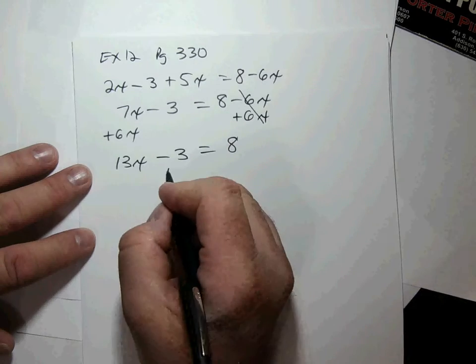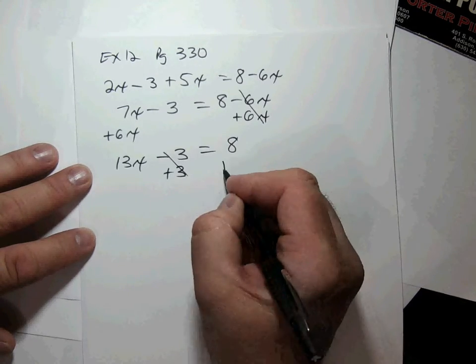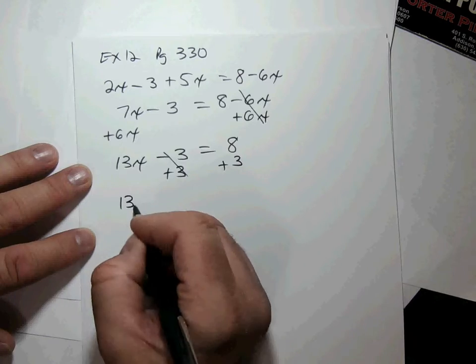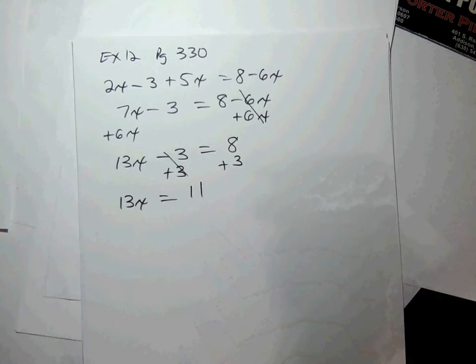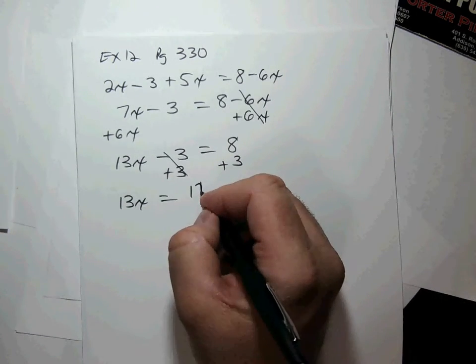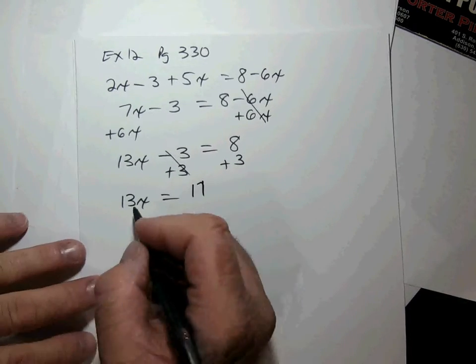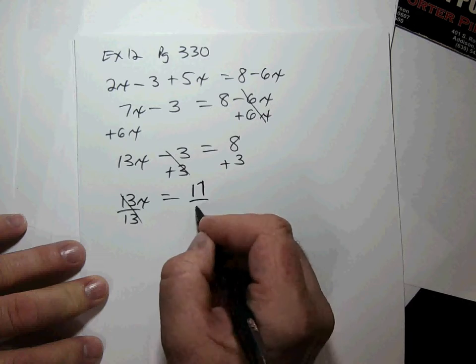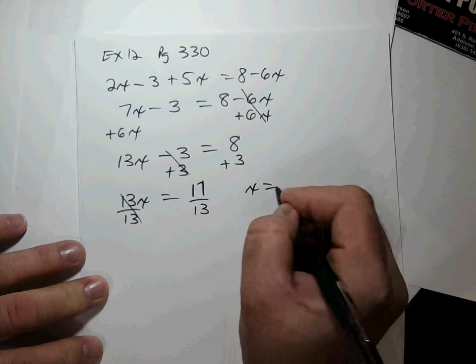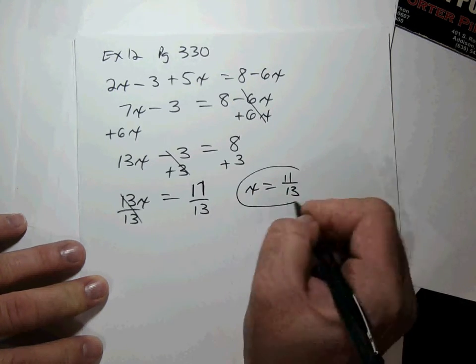Okay. Add 3 to both sides. I'll get a 13x equals 12. 8 plus 3, duh. Equals 11. Divide by 13. Divide by 13. I'm going to get x equals 11 thirteenths.